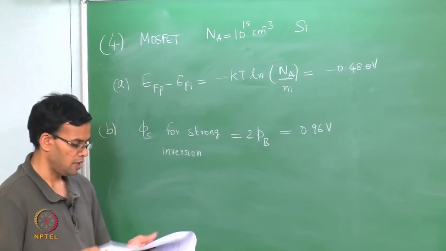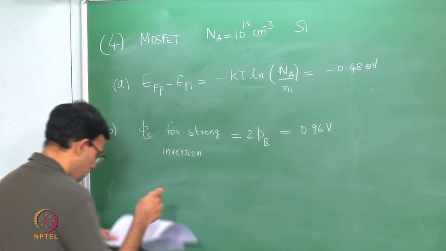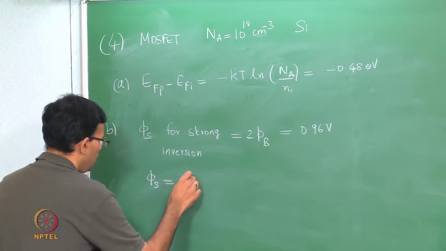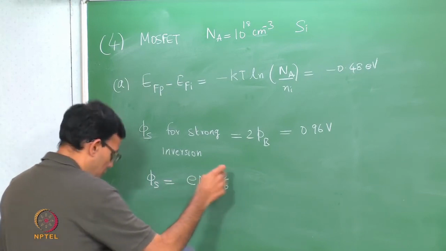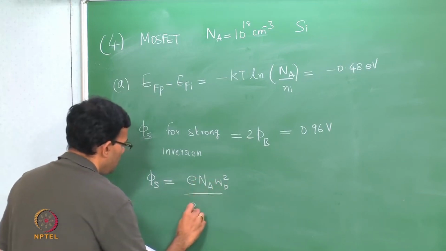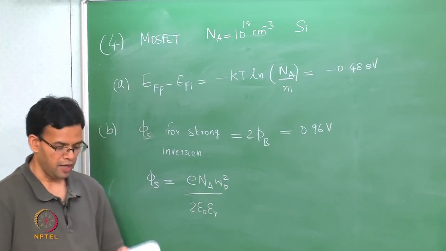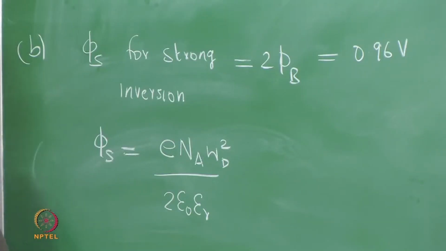This width is essentially related to the depletion width, and it is given by the formula phi s is equal to E times Na W d square by 2 epsilon naught epsilon r. So, phi s is a surface potential that is equal to 2 times phi b.